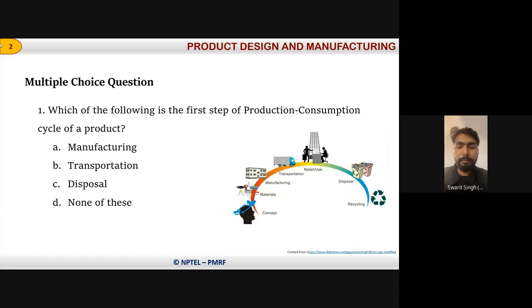Then we proceed forward as per our design. We will select the material, like wood, concrete, stainless steel, sand or marble or anything. That will be the second step, and then manufacturing is started.